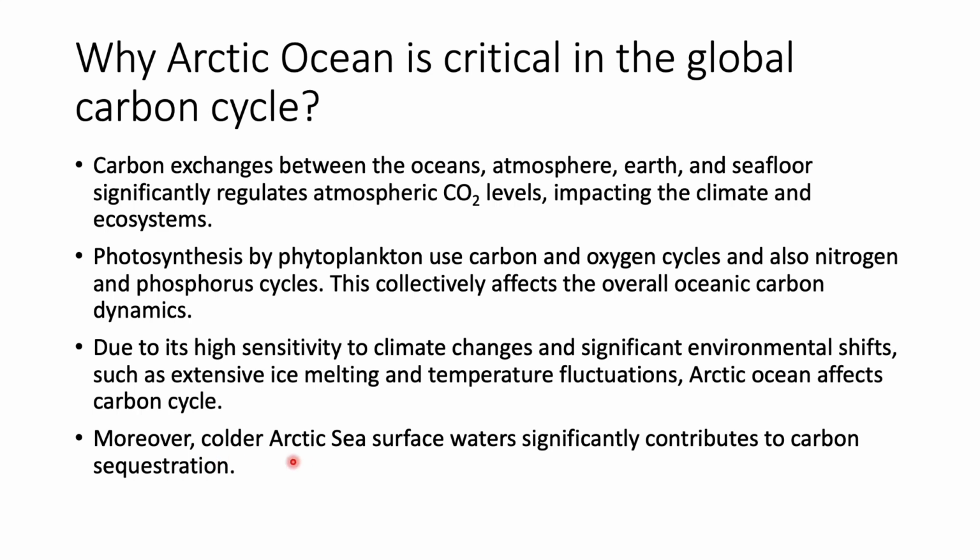When the ice melts, it gets into the oceans. So in the overall process, carbon absorption is affected because there is a change in the water in the Arctic Ocean. Moreover, the colder Arctic sea surface water significantly contributes to carbon sequestration. That means when temperatures are low, carbon dioxide can be absorbed at the surface.